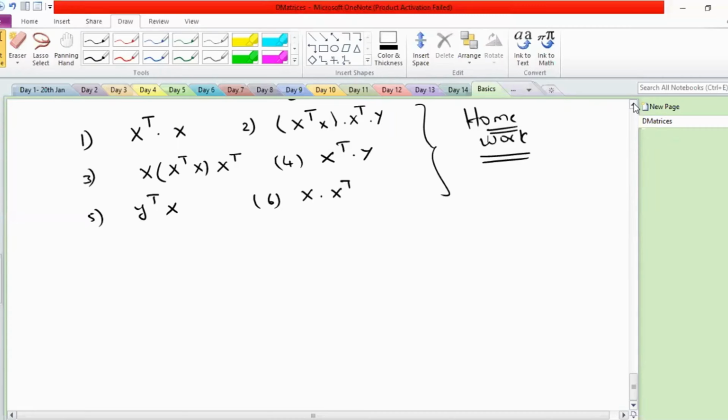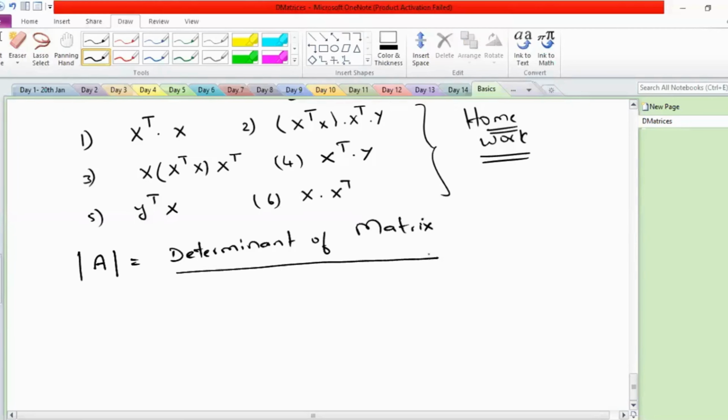Now let's go a little more deeper into matrices. What is this? Determinant of a matrix.